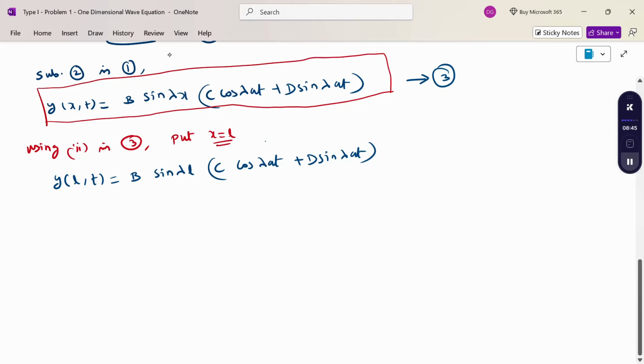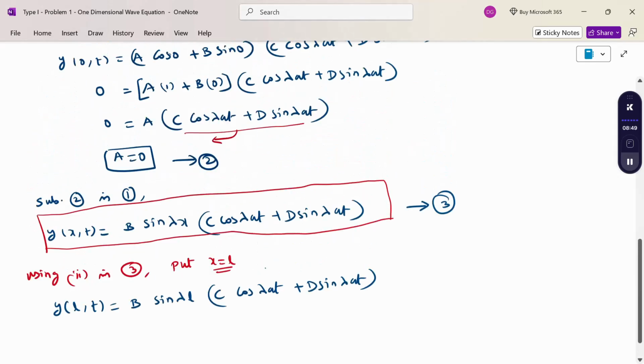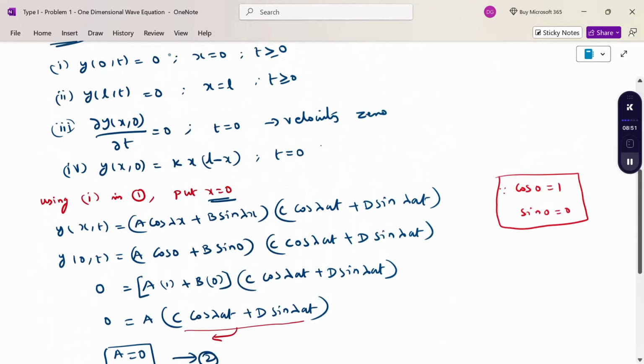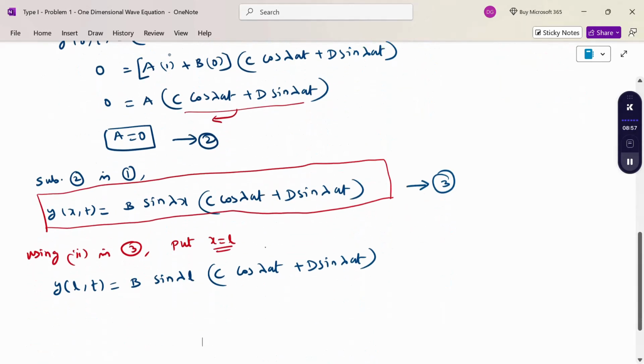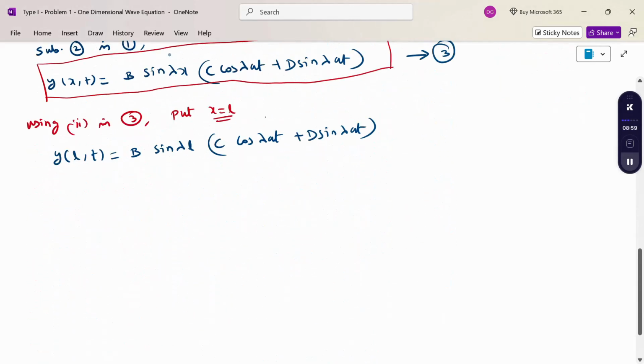Here the left hand side is y of L comma t. Look at the boundary condition, y of L comma t is 0. Therefore, substituting in the left hand side, 0 equals b sin lambda L, c cos lambda at, d sin lambda at.